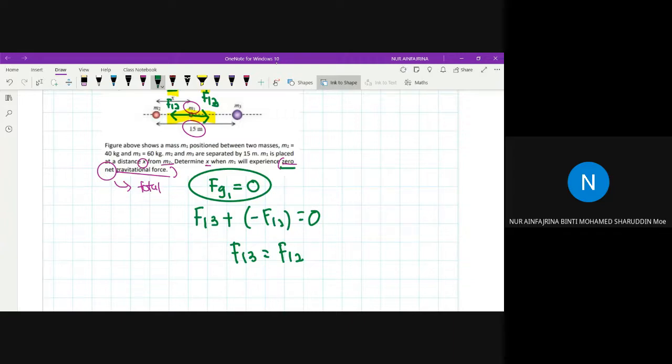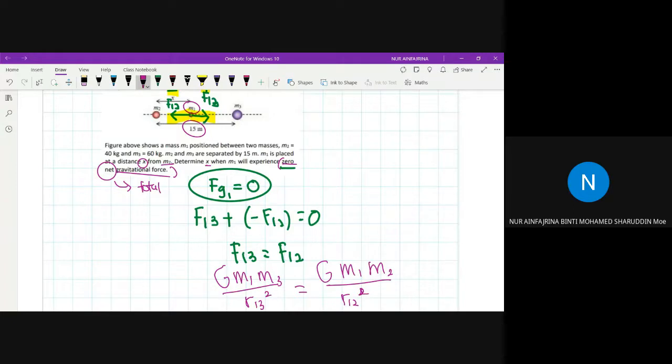Okay, so bila awak dah dapat ini, masukkan je dalam formula gravitational force iaitu G. So awak tahu G M1 M3 over R13 squared equals to G M1 M2 over R12 squared.